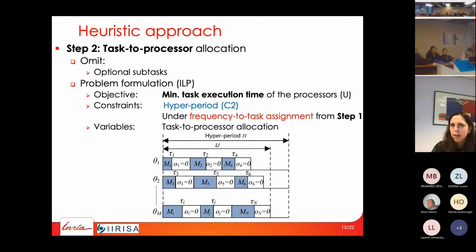So we are creating slack for the execution of the optional subtasks. Here we have 2 constraints. The first is the hyper period: all the tasks assigned to a core should not exceed it. Plus, we have the solution regarding the frequency of the mandatory tasks. Thus, we have the execution time of the mandatory tasks. And here we are deciding the task to processor allocation.